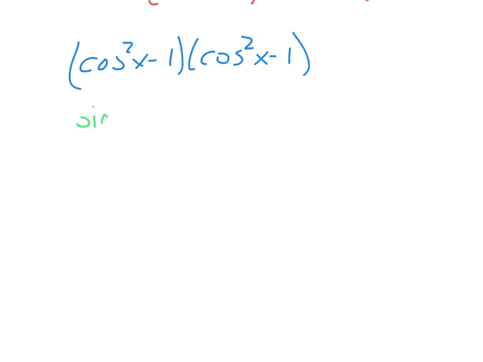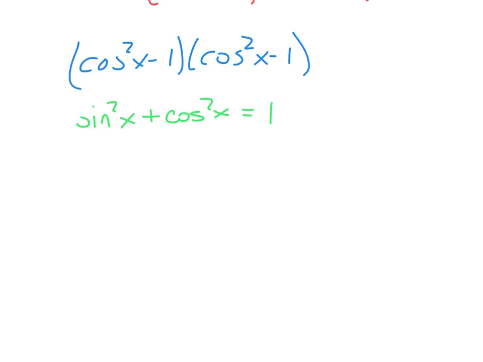So that was cosine squared of x minus 1 and cosine squared of x minus 1. Okay, so we had those two. And so then we have this, I'm going to write down the Pythagorean identity. Okay, and so we can move this thing around.